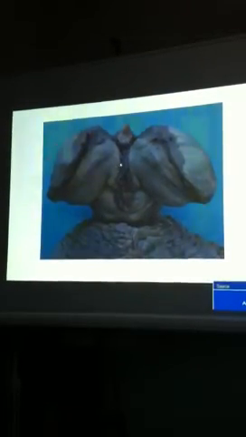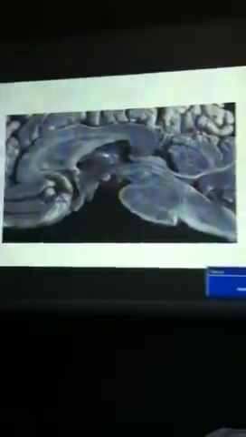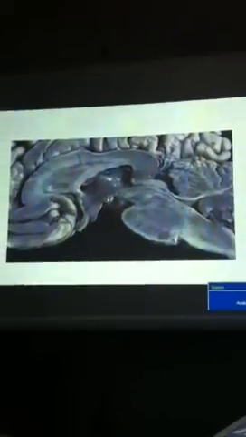Here you see, let's go back. Here we see the sagittal section. We see the fornix goes here. And here we have the foramen interventriculare.